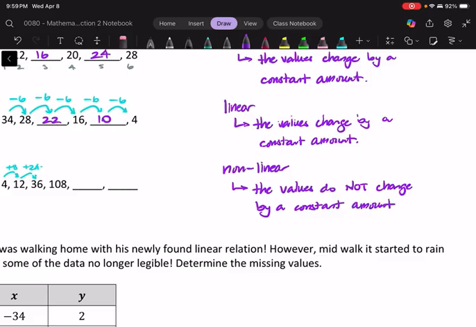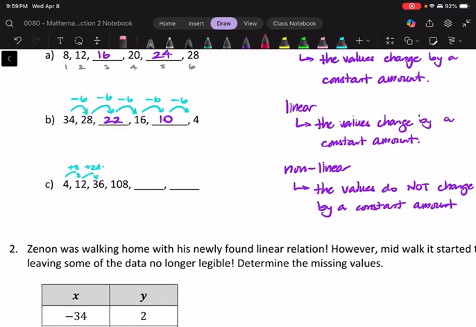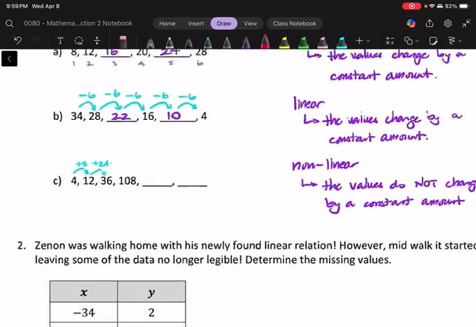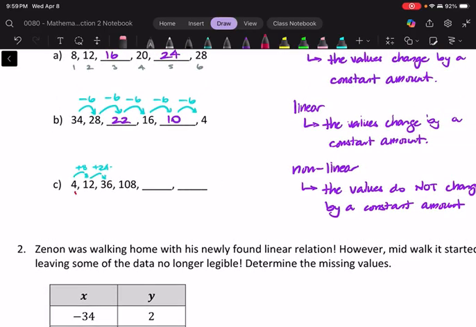I'm not really done the question. It did say we were supposed to fill in the missing values, so we do need to detect what's going on there. Personally, if I see it's not a constant addition that's happening, I'm gonna see if it's multiplication. So just examining it, 4 to 12, I'd have to multiply by 3, and hopefully that works for the other terms in here.